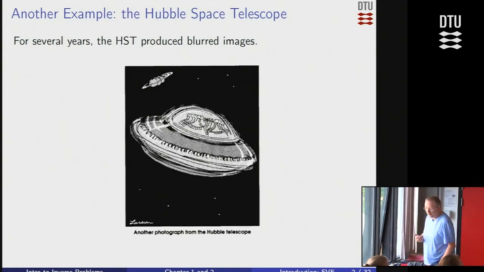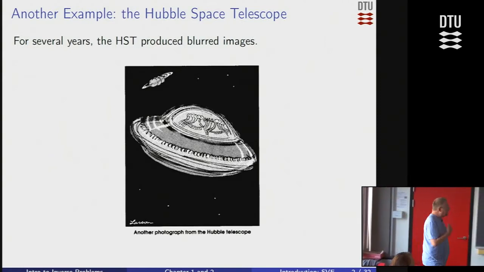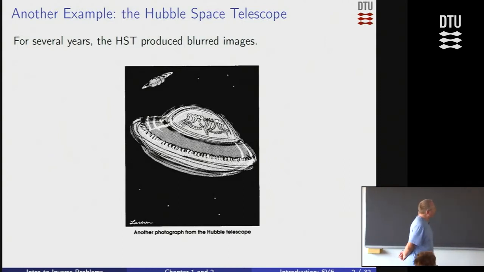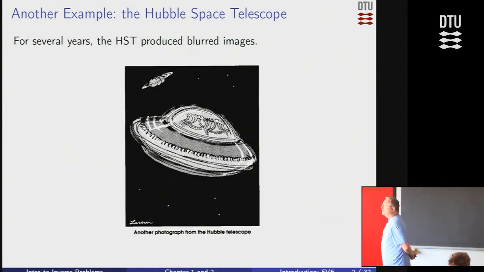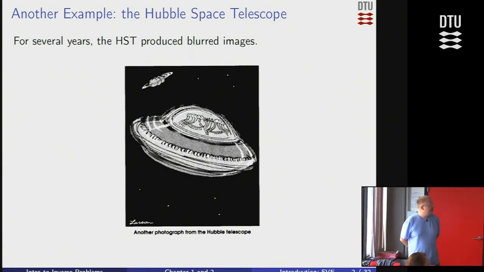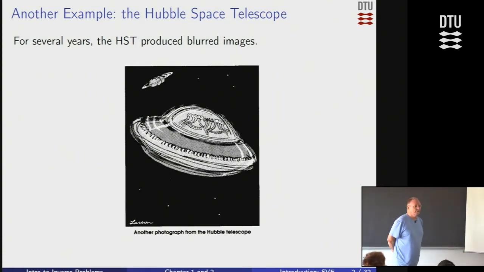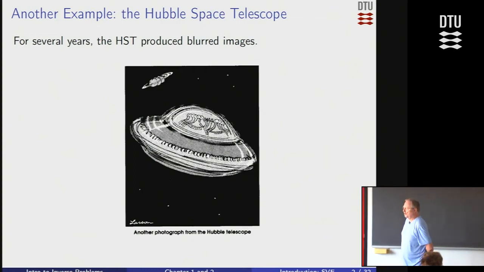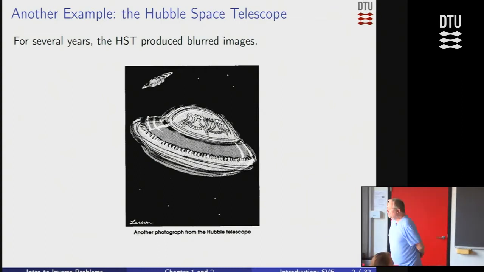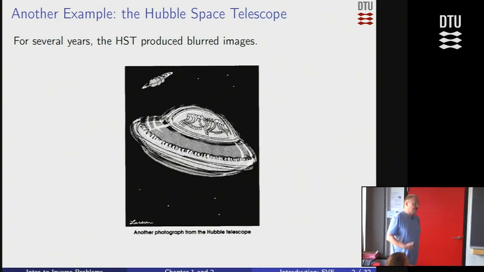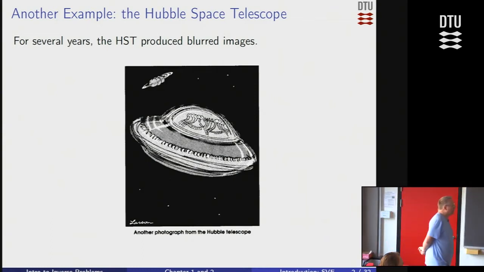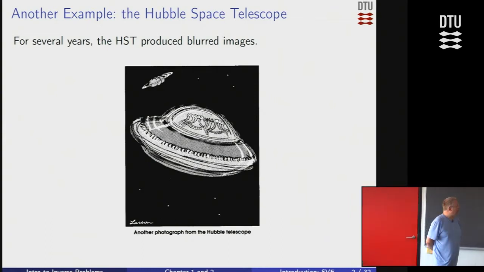Inverse problems also arise in image deblurring. And here's one famous example where image deblurring was necessary. The Hubble telescope, for the first couple of years, produced pretty bad, blurred images, and then they used a lot of the techniques we'll be talking about here to deblur those images to make them sharper.